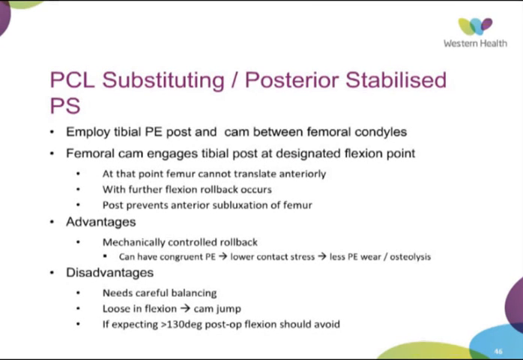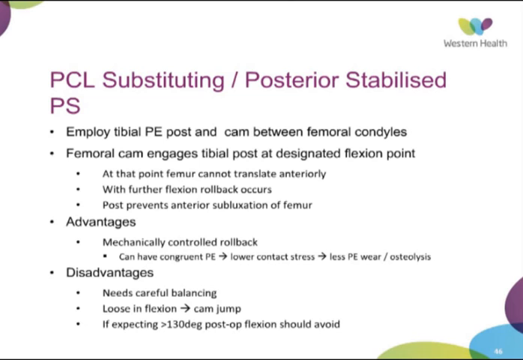The other unconstrained primary total knee we often look at is the PCL substituting, otherwise called a posterior stabilized or a PS knee. And this employs a tibial post, a polyethylene post, and a cam between the femoral condyles. And what happens is, as the knee progressively flexes, there's a point at which this femoral cam engages the tibial post. And at that point, the femur can't translate anteriorly.